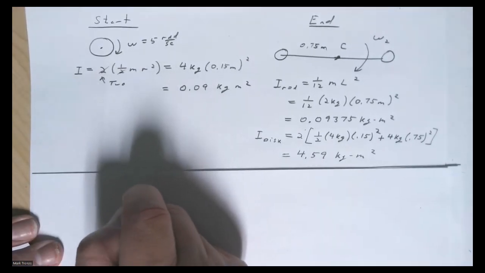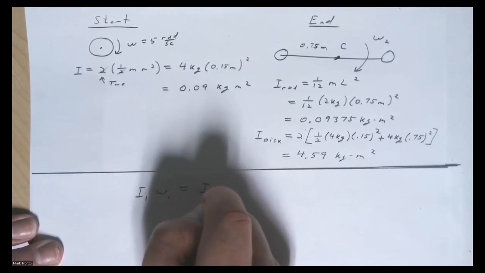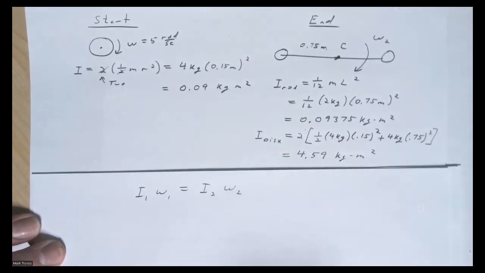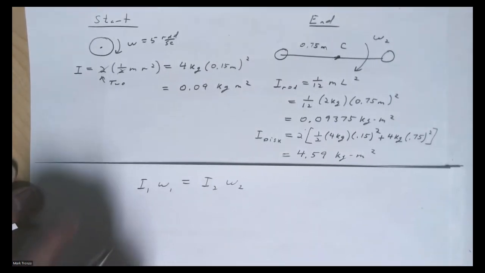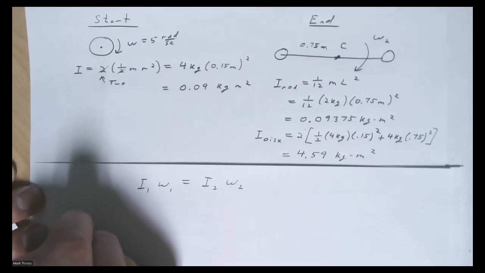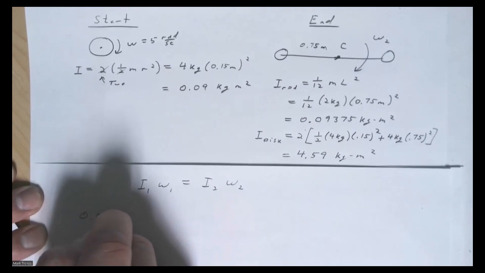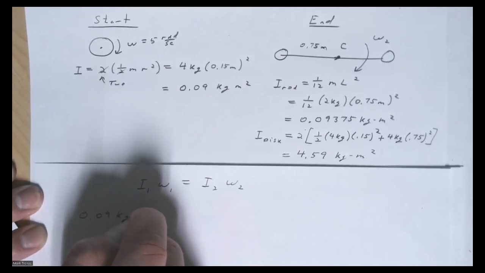And so we're going to have I1 omega 1 equals I2 omega 2. At the start, our I was 0.09 kilogram meter squared.